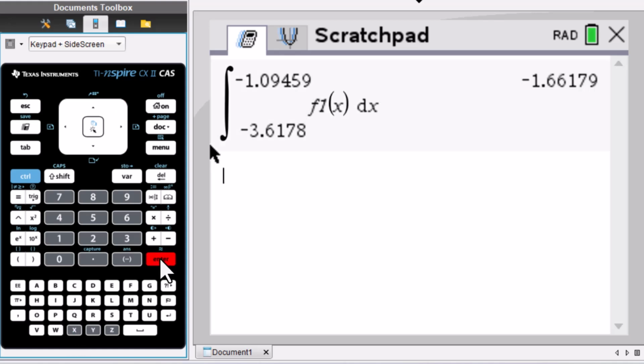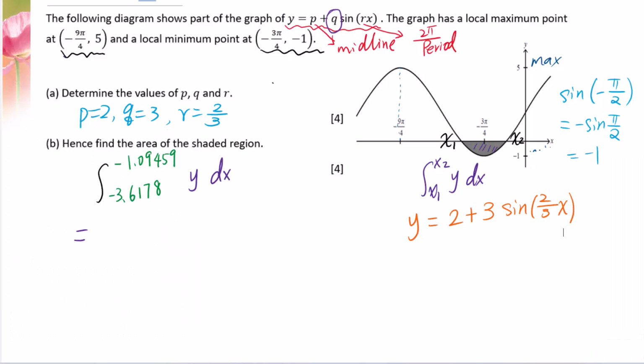Enter. We got negative 1.66 to 3 sig figs. So area equals the absolute value of negative 1.66, which equals 1.66. When we work out the area of a shaded region, normally we work out the corresponding definite integral, then we take the absolute value of it.